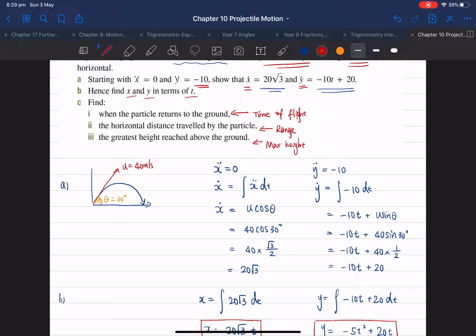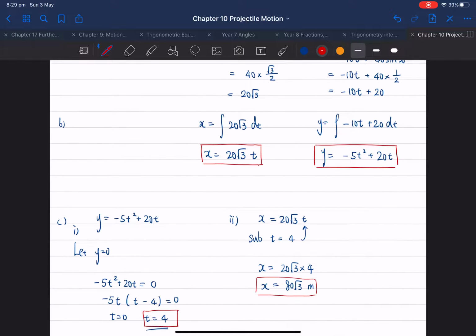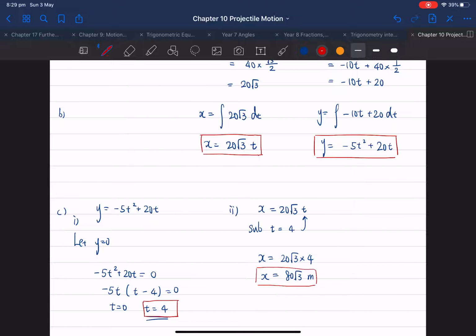The last one is to find the greatest height. Now I have mentioned before that with this question you can do it this way, with other questions you can't. This question is really special. It is a symmetrical diagram. At this point t is equal to 0, and at that point t is equal to 4.